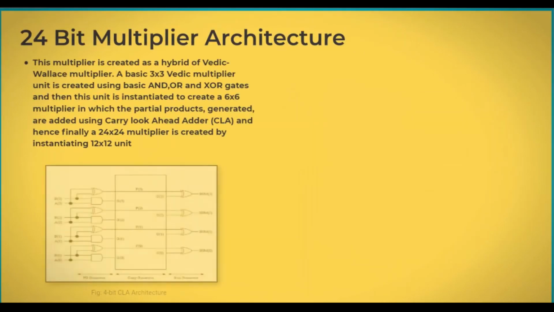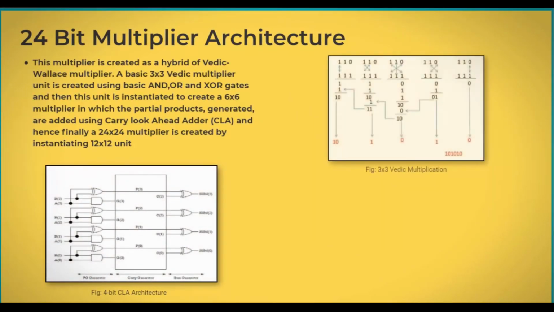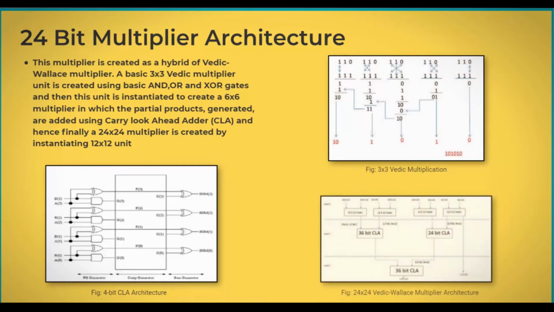Similarly, various multiplier architectures were also studied, for example the Vedic multiplier, Booth-Wallace multiplier, and the Wallace tree multiplier. We arrived at the conclusion that a Vedic Wallace multiplier will be suitable, and so we created a hybrid Vedic Wallace 24-bit multiplier as shown in the figure.